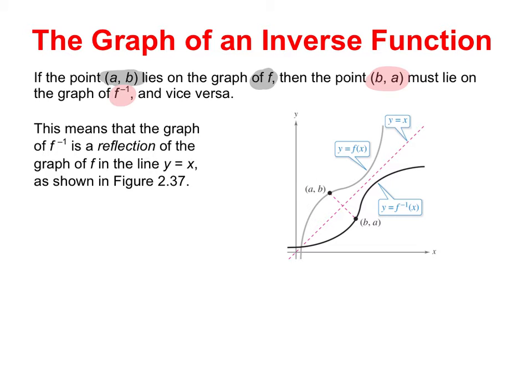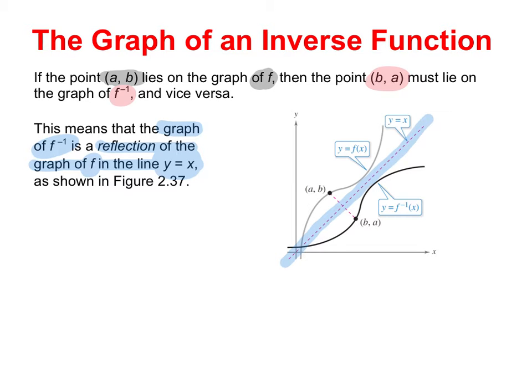And what that means is the graph of the inverse, so the graph of f to the negative 1, is a reflection of the graph of the original in the line y equals x. So it's not a reflection on the x-axis or the y-axis or the origin. It's a reflection of the line y equals x.